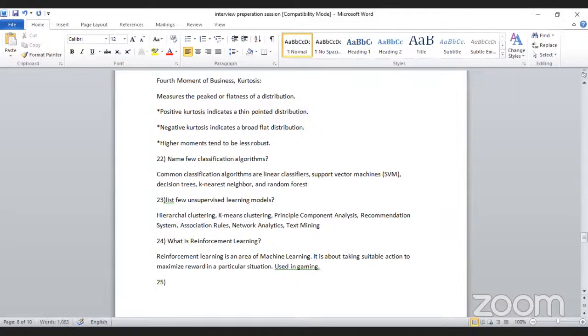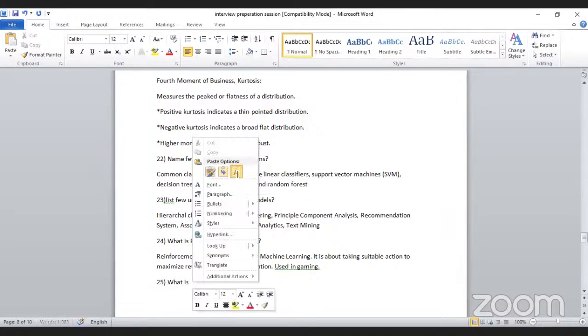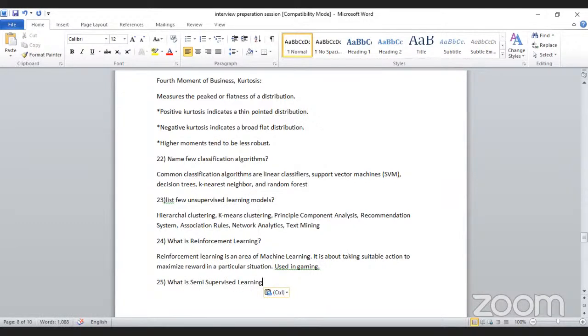Friends, last question for the day. What is semi-supervised learning?